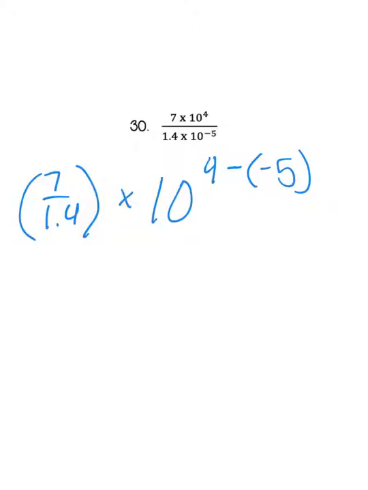So 7 divided by 1.4 is 5, which is a number between 1 and 10, times 10 to the 9th power, because 4 minus negative 5 is 4 plus 5, because when we minus a negative, we add the opposite. That gives us 5 times 10 to the 9th power.